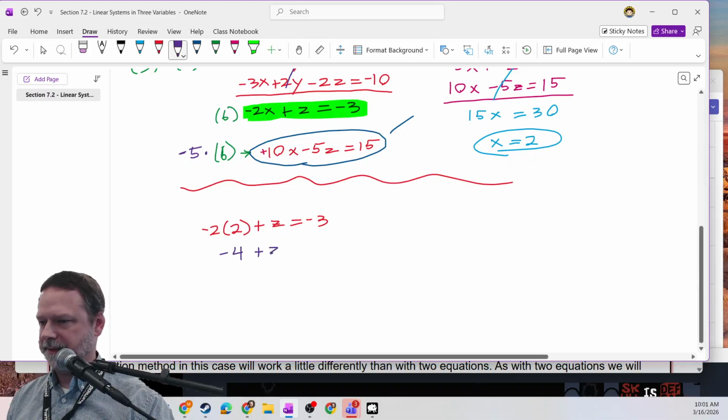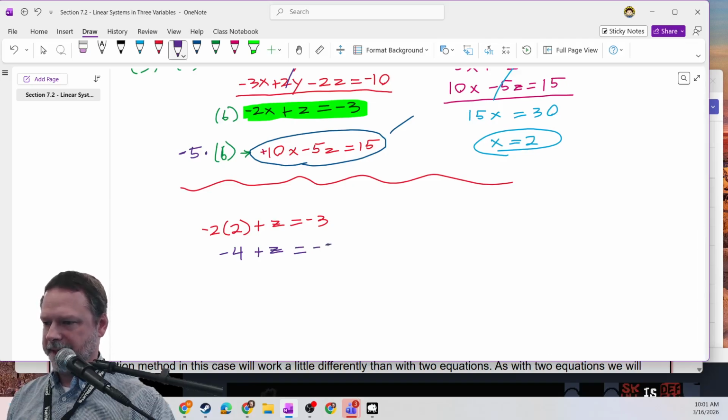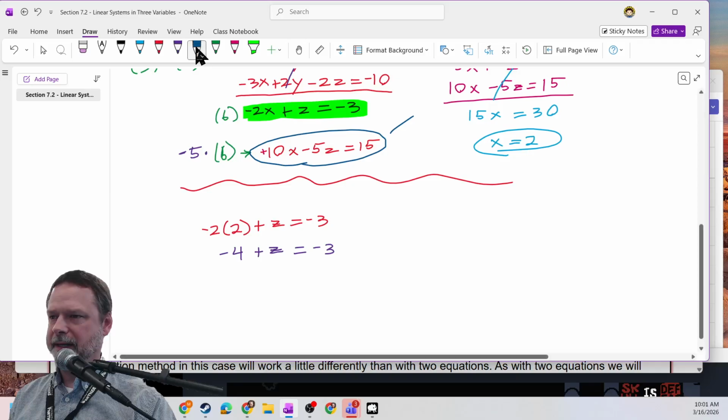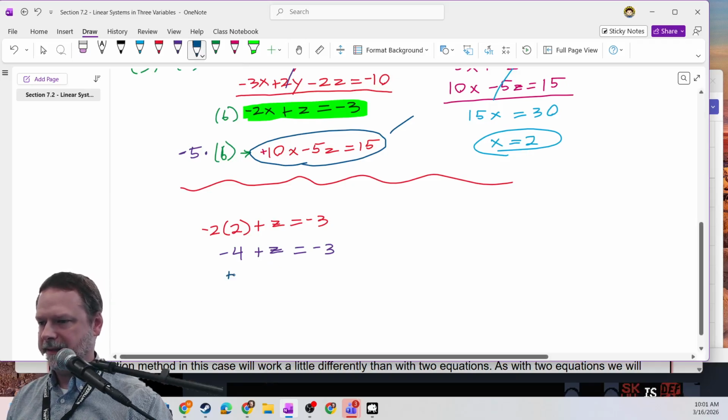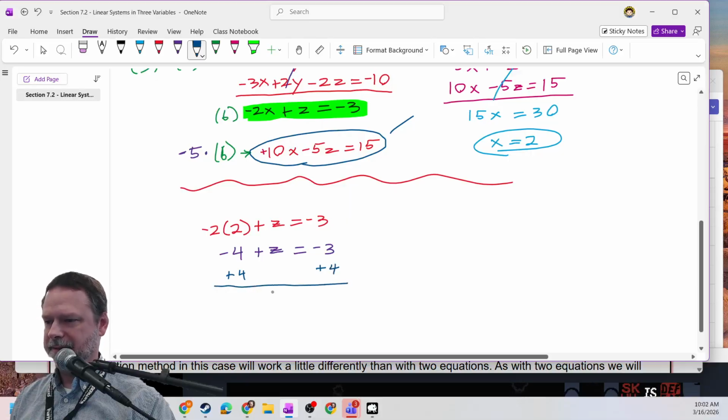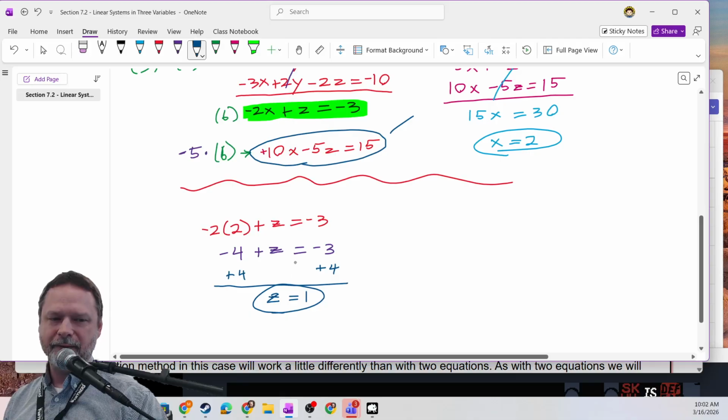Negative 4 plus z equals negative 3. Add 4 to both sides, and I get z equals 1. Look at that. We're making progress, and it's so fast now. Once we got one variable, the others are going to come out super quick.